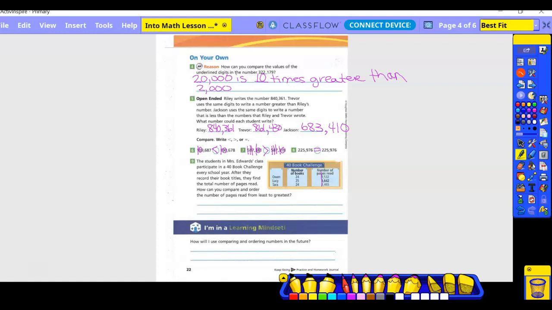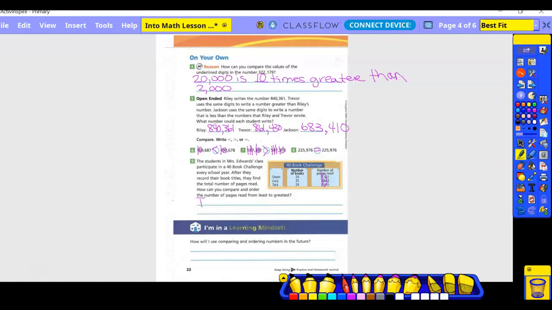Now they want from least to greatest. Does the hundreds place value have all the same numbers? No. So they actually all 3 are different. So we're going to circle it. And then they want least to greatest. So who has the least number? The bottom. Which is who? Tara.